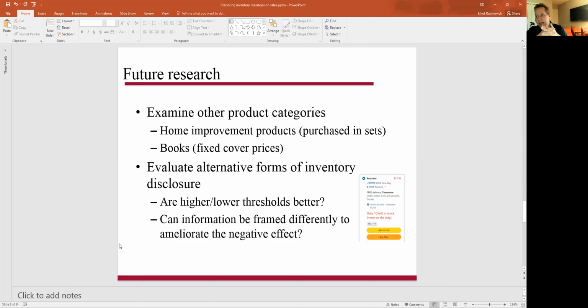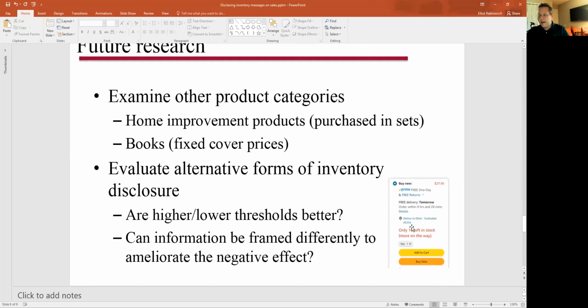The other alternative form of inventory disclosure may involve the way in which information is framed. In the case of Amazon, you can see here the retailer lets consumers know how much inventory there is available for sale, but immediately below it states that there is more inventory on its way.